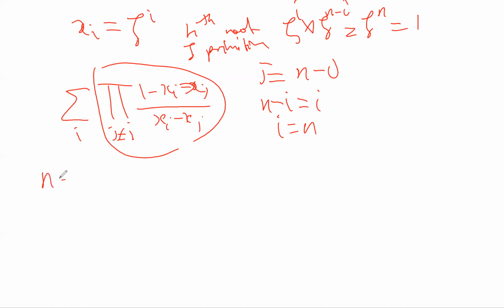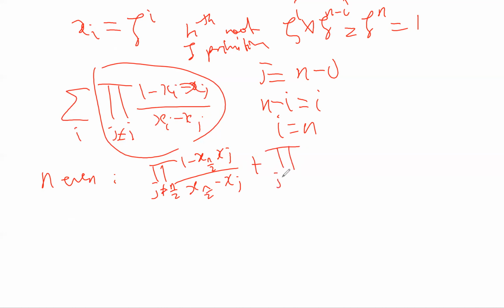So if n is even, then the two terms that survive are n on 2, plus the nth term, which always survives, where j is not equal to n.